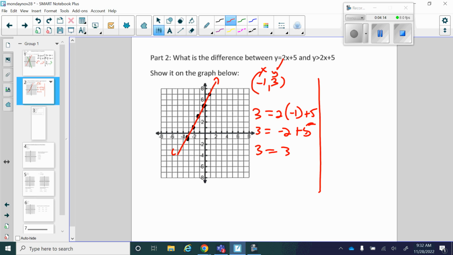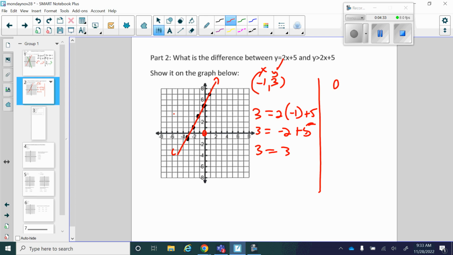Let's look at the inequality now. The inequality just means that I'm going to have a region for the solution. Is it going to be on this side or on this side? I don't know. Let's try 0, 0 and see if that point satisfies the solution.